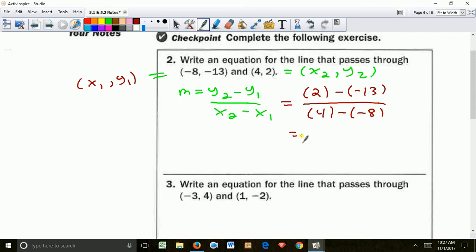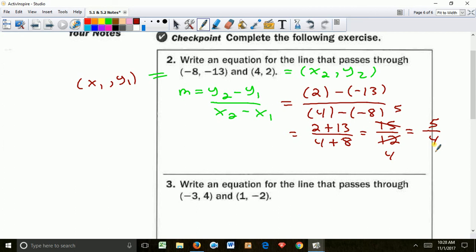And then simplifying this, you now get 2 plus 13 divided by 4 plus 12, or sorry, 4 plus 8. 2 plus 13 is 15, and then 4 plus 8 is 12. You do want to simplify your slope, so 3 goes into 15 5 times, and then 3 goes into 12 4 times. So in simplified form, the slope is 5/4.